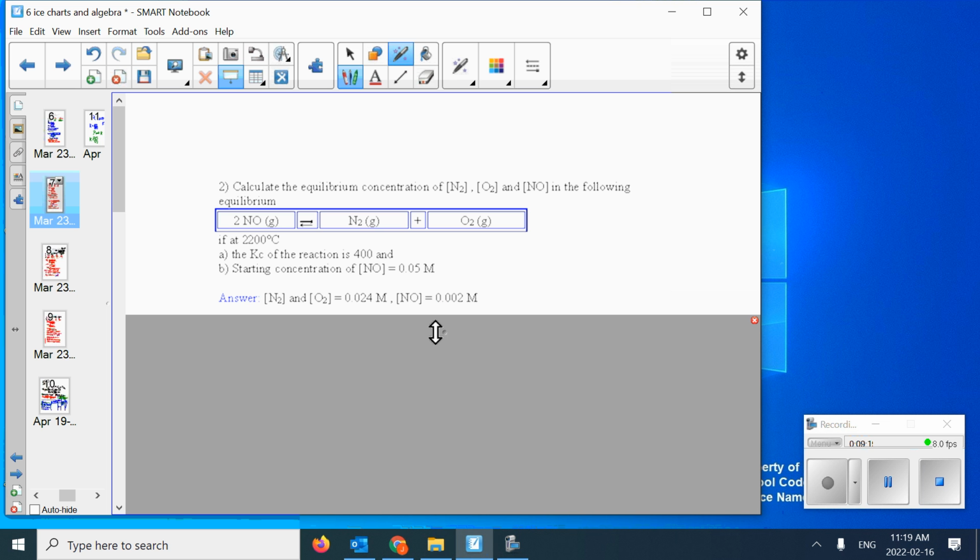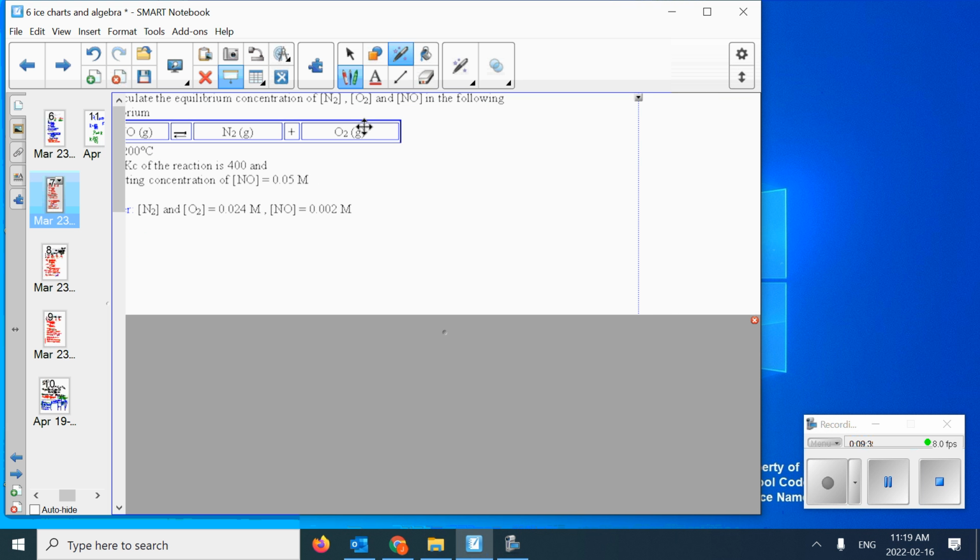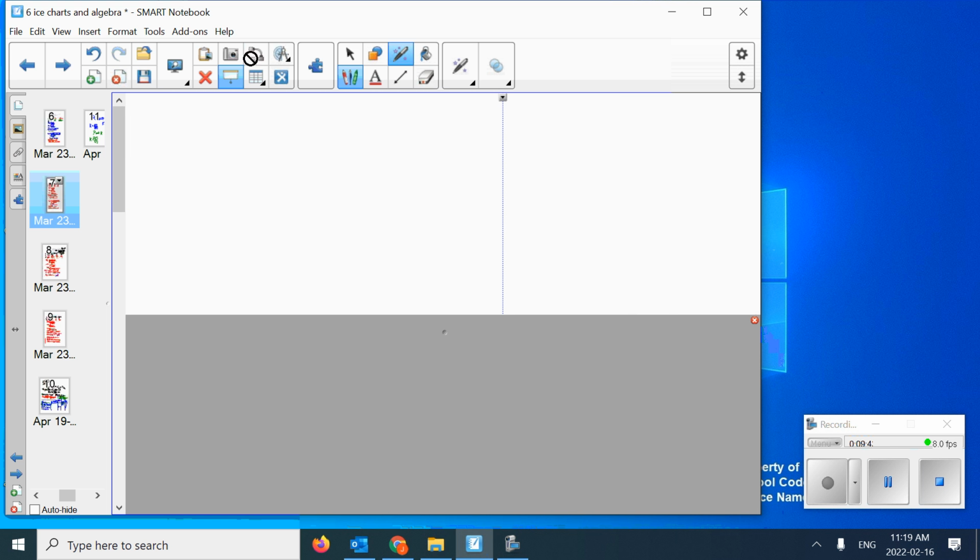Okay. Can you guys read that? Can you make it bigger? Yeah, I'll have to make it bigger. We're going to try this one, just coming up with the expression. We won't actually solve it. The answer is given there, but that's using the quadratic equation. I'm going to see what I can do to make it bigger for you.